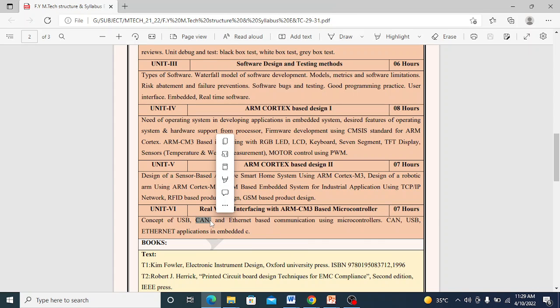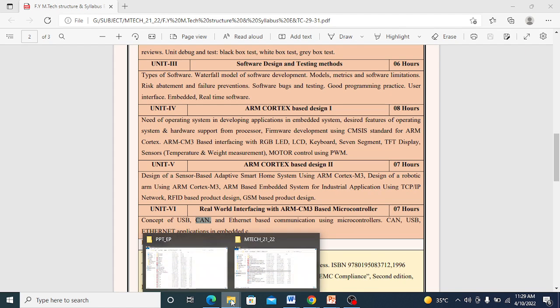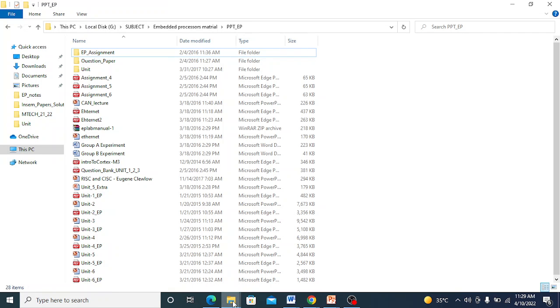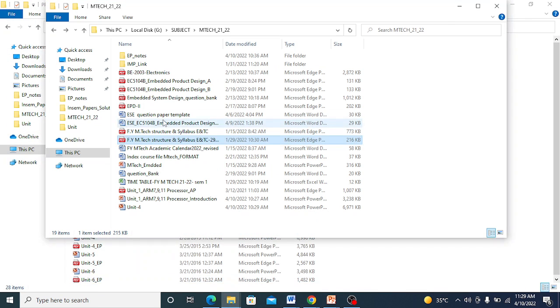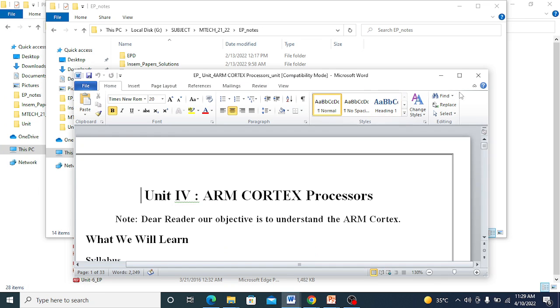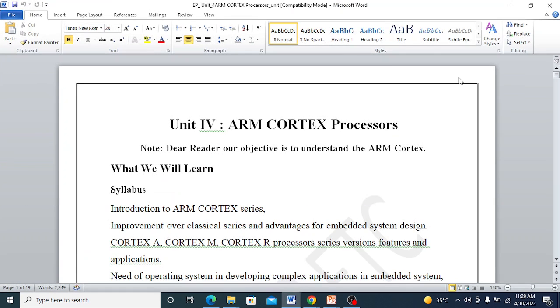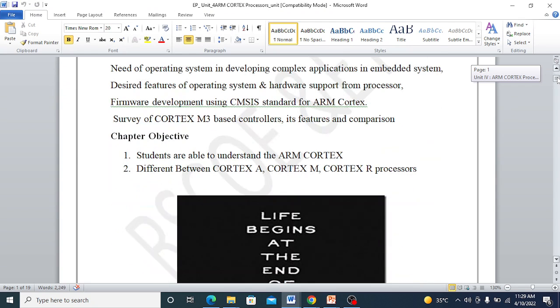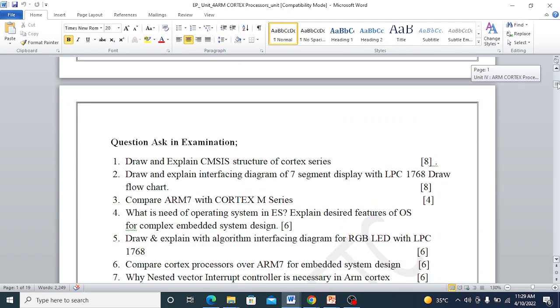So I also made some notes with questions for you people. If you see the notes of the unit, these notes are available on unit number 4. This is one Word document. Here the syllabus is there. After that syllabus there is a question bank.